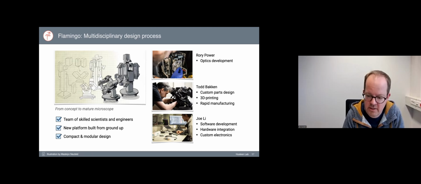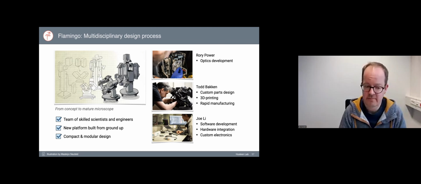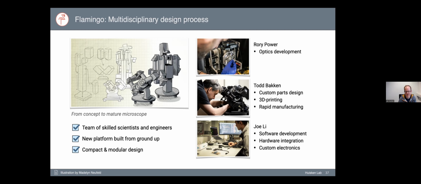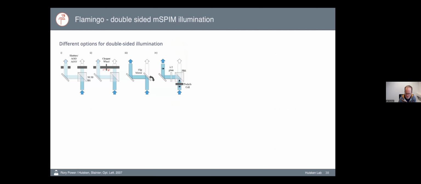So with Rory, Todd, and Joe, a fantastic team of engineers, I was able to have this Flamingo idea come to life. So Flamingo is just a crazy name for a cool modular microscope concept that allowed us to build microscopes in different geometries. And key to that was, of course, also some interesting optics.